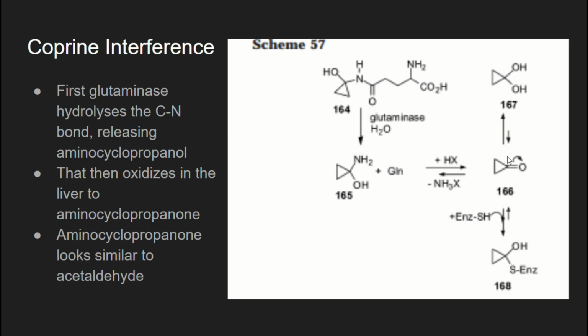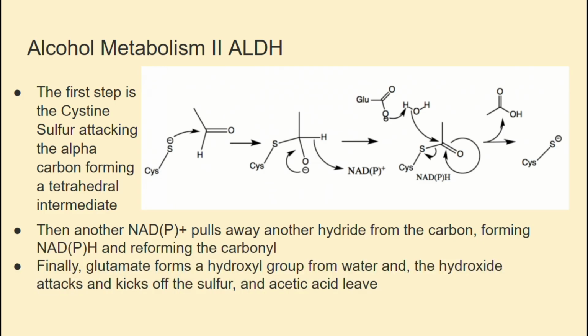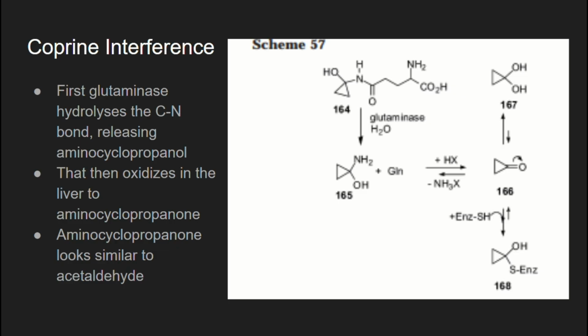But when it is in this cyclopropanone form, it is going to get picked up by aldehyde dehydrogenase, and the cysteine is going to attack the cyclopropanone, forming an alcohol right here, and it's going to bind it to the enzyme.